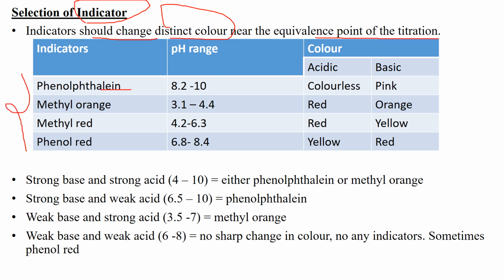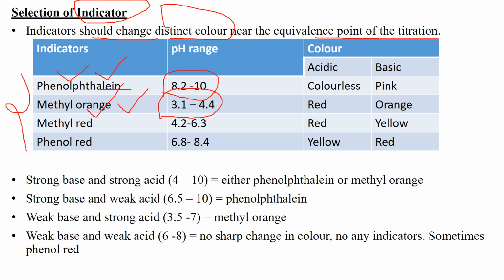Phenolphthalein has a pH range of 8.2 to 10 and methyl orange 3.1 to 4.4. So we have to focus only on phenolphthalein and methyl orange. Indicators are either weak organic acids or weak organic bases. Phenolphthalein is a weak organic acid and methyl orange is a weak organic base.